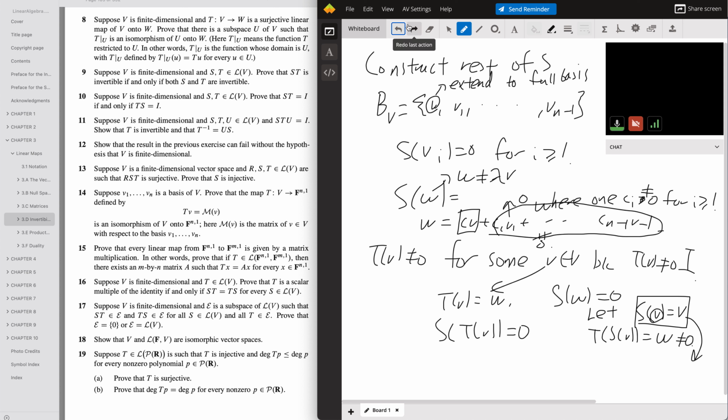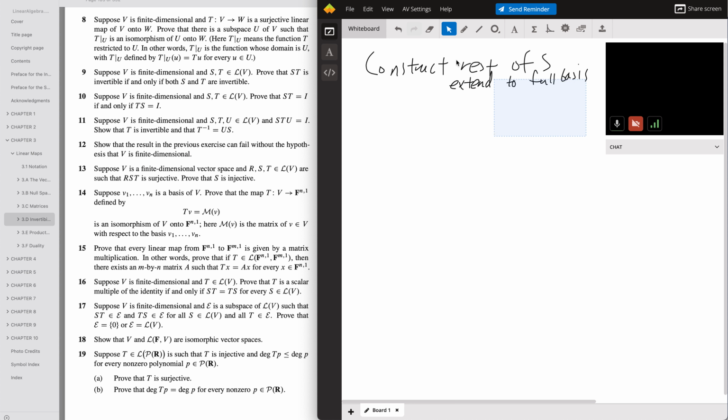Okay, is that a problem? I think it is, because what if it has some component which is, no, okay, no, this doesn't work. I thought that was close there, but I guess not.